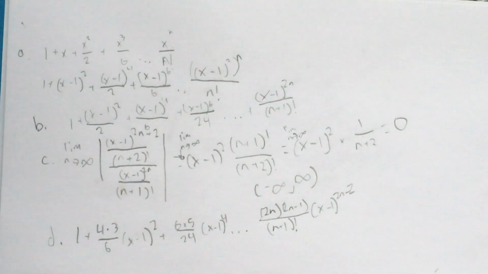Since all of these terms are positive, and they're always going to be positive for n greater than 1, f double prime is always going to be positive.